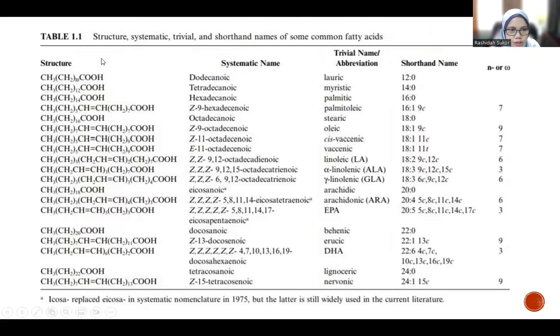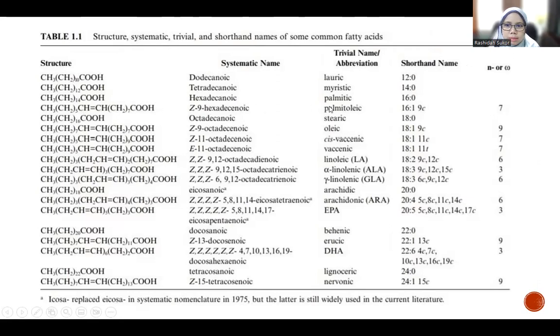This one is structure, this is how it is being written: systematic name, trivial name, and shorthand name. This one has the number of double bonds. For example, lauric acid is 12:0, that means there is no double bond.